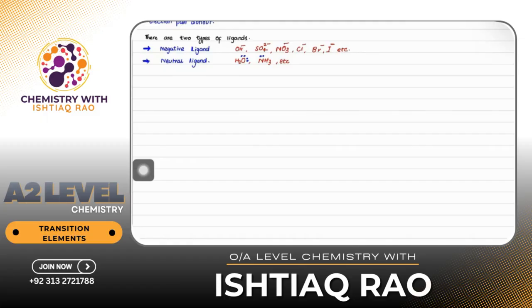Then we can classify ligands in a far better way. Like I can say there are three types of ligand: monodentate, bidentate, polydentate. What do you mean by this? Generally, when something is going to donate many lone pairs of electron, just like EDTA, ethylene diamine tetraacetate, it's a hexadentate ligand.